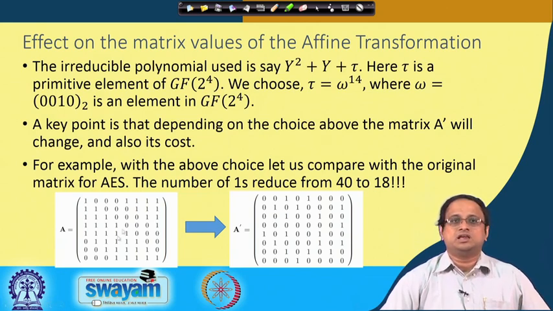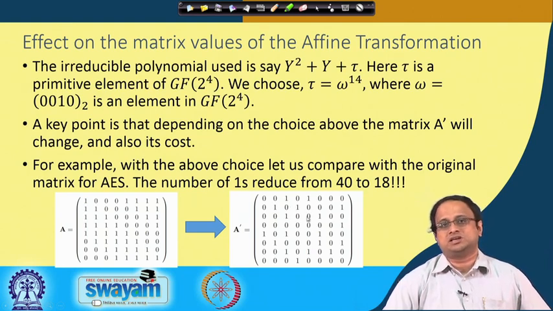I leave it to you to think that if I want to implement this matrix with a vector multiplication, then the entire circuit will operate only with XORs. There is no other gate required. Therefore, the number of gates required will be proportional to the number of ones in this matrix, which is 40. Compare it with this implementation, where it will be proportional to only 18.